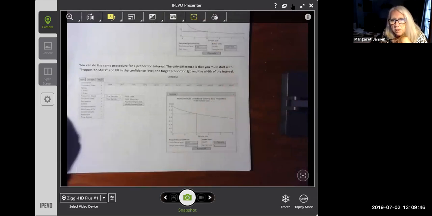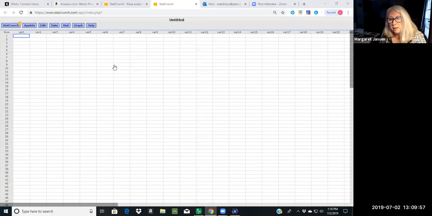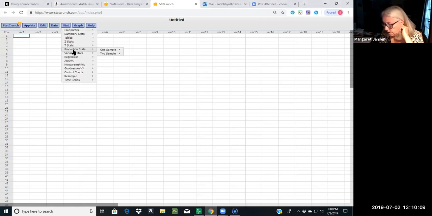So I'm going to share my screen. Okay, so you should be now looking at my screen. And then I'm going to go to Stat, down to Proportion Stats, because I was doing a problem around a proportions interval.